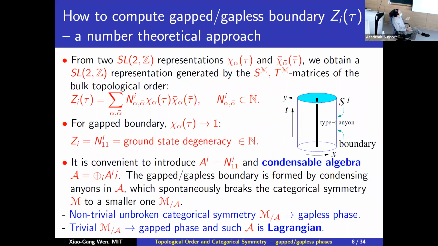Now I want to introduce A_I, which basically is the N_i,1,1 component. The 1,1 component is actually a conformal character, which is like a unit, like a current algebra unit, not a non-trivial sector. So there's a canonical unit sector which is labeled by 1.